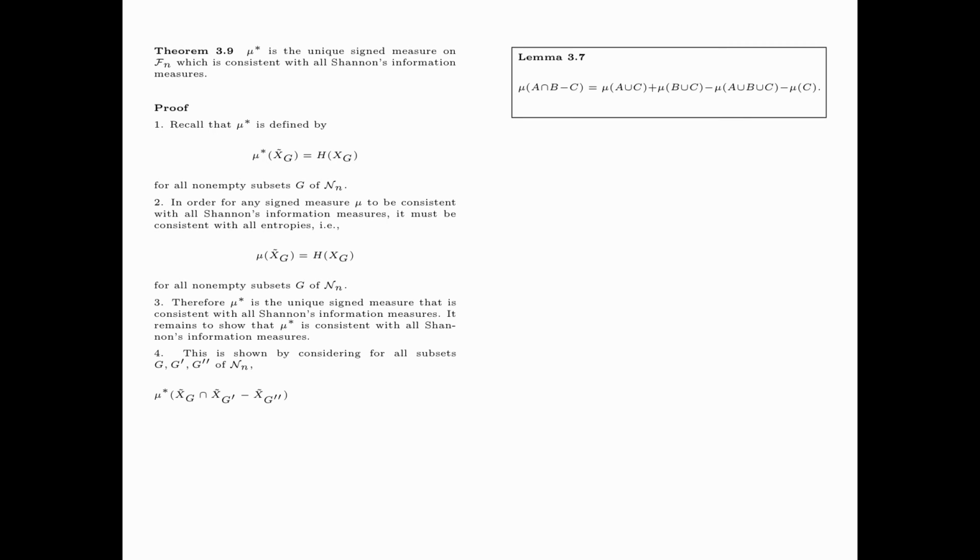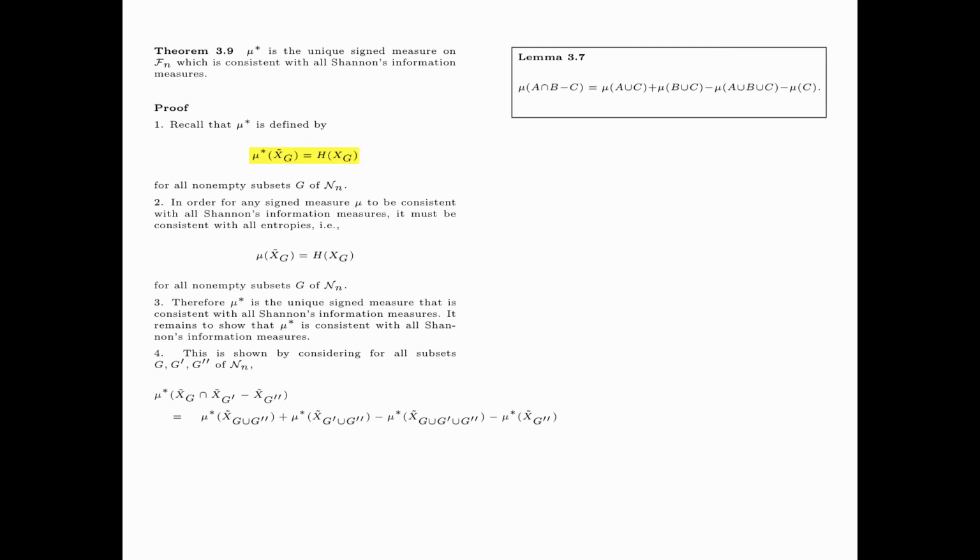Now by Lemma 3.7, this can be written as μ*(X̃_{G∪G''}) + μ*(X̃_{G'∪G''}) − μ*(X̃_{G∪G'∪G''}) − μ*(X̃_G'').